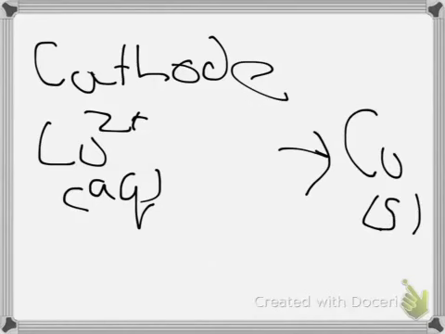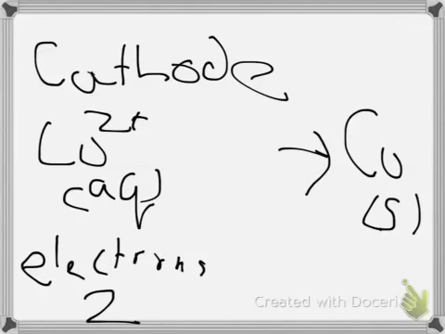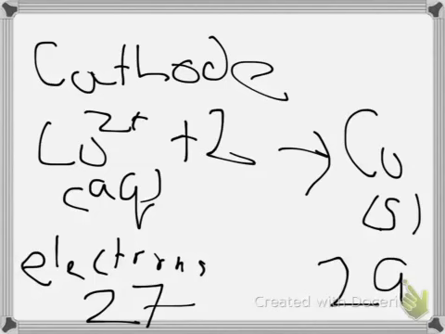Looking at the number of electrons, copper 2+ has 27 electrons and copper as a solid has 29 electrons. Therefore, we need to gain 2 electrons to get to our copper solid material.